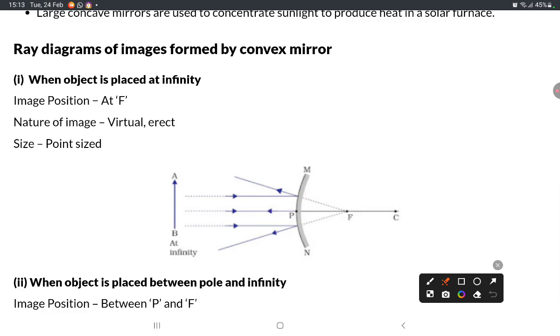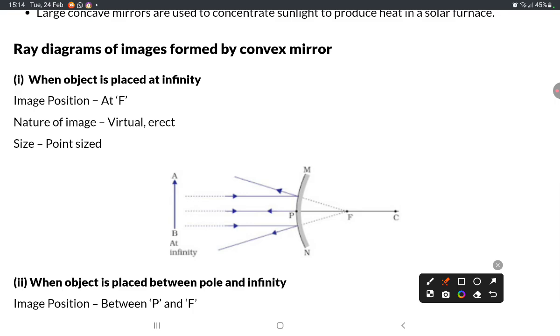When the object is placed at infinity, the image position is at F. This appears to come from F, right? The image is virtual and erect, and the size is point sized.